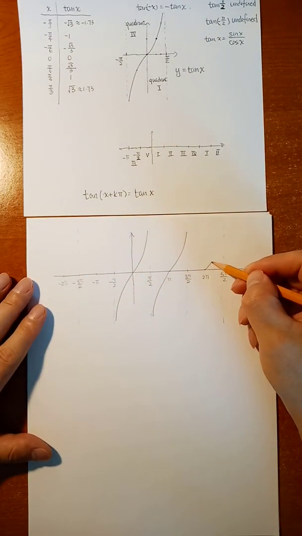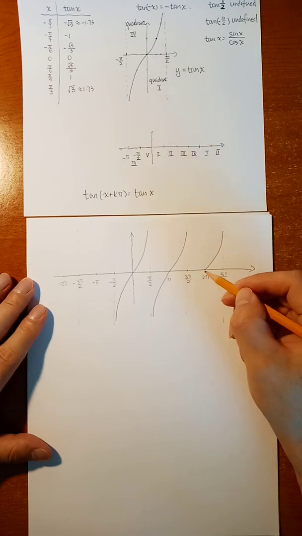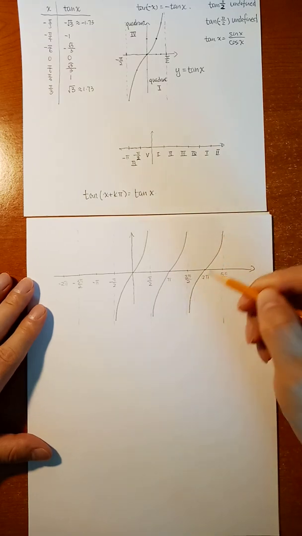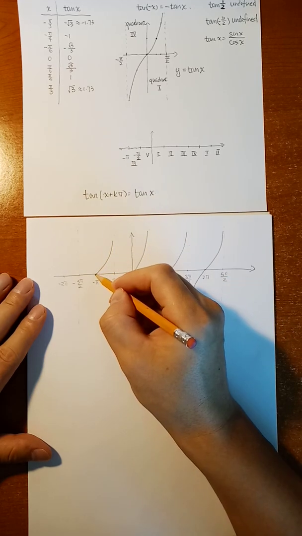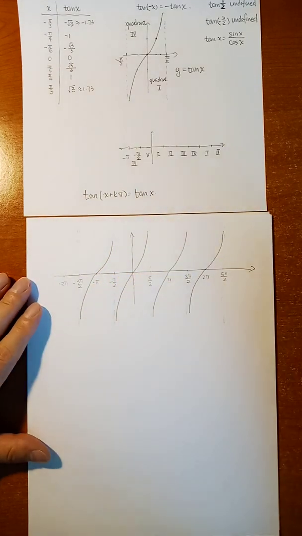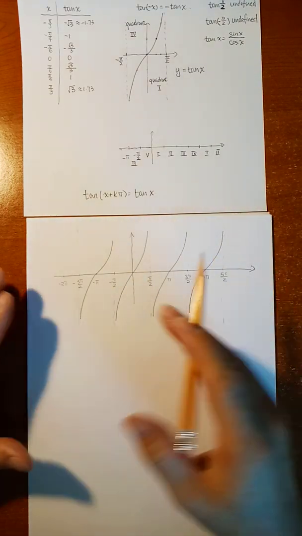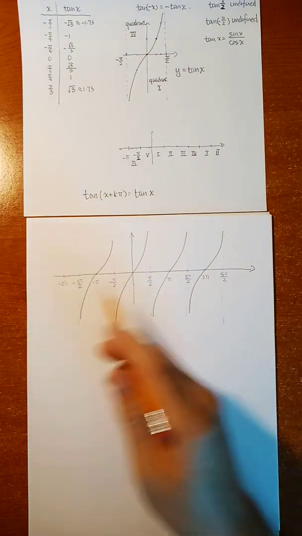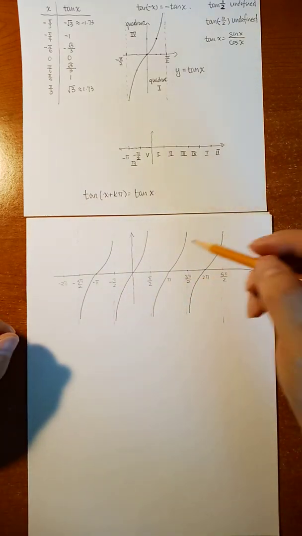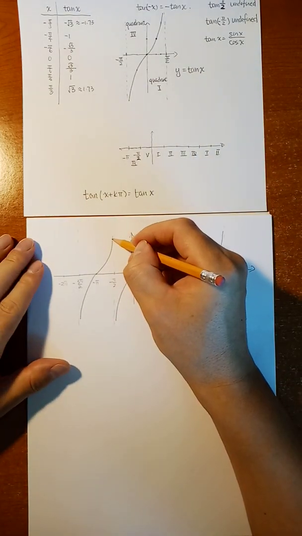To the left, it approaches negative infinity. And all the curves are identical. Okay, so this is a graph, and you will repeat it for the infinite region. So you have infinitely many such graphs.